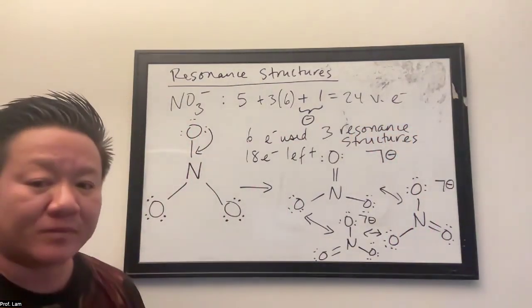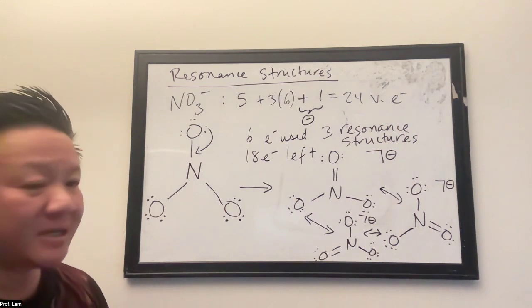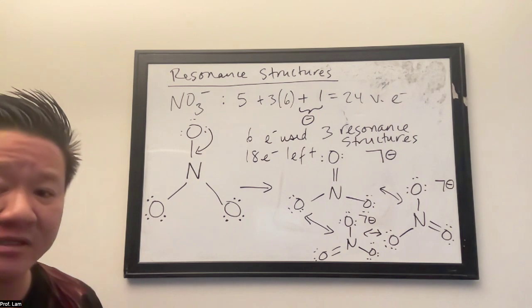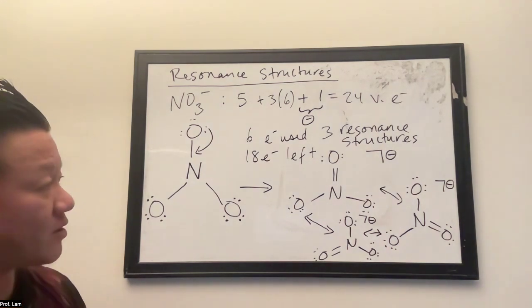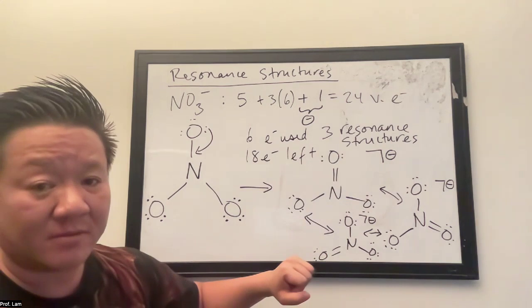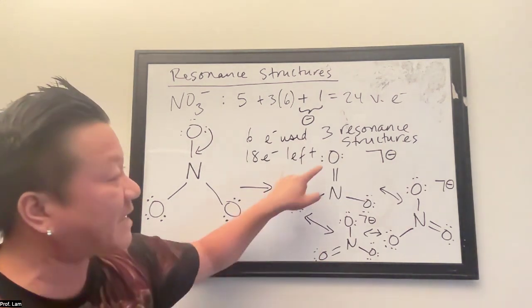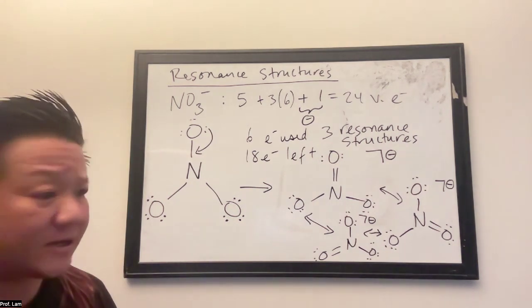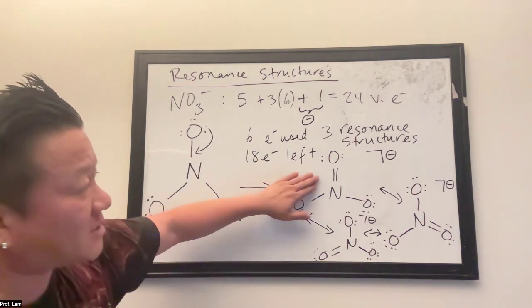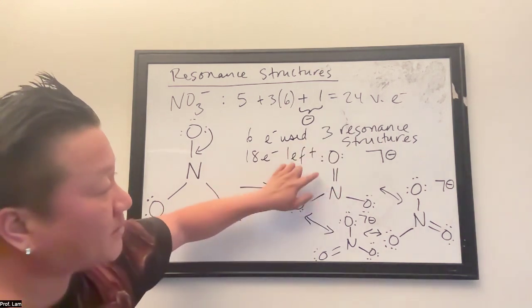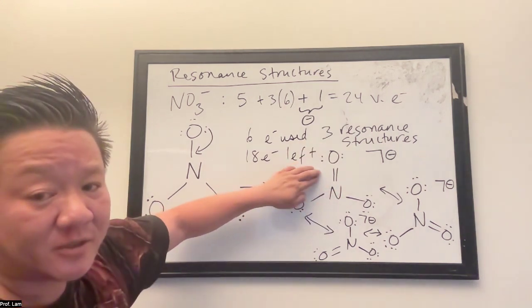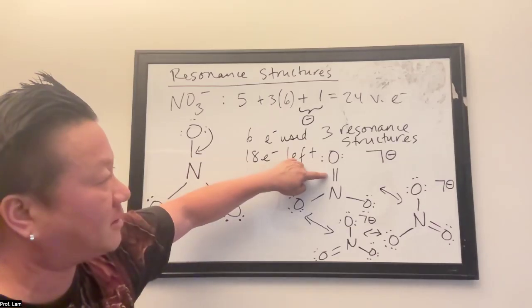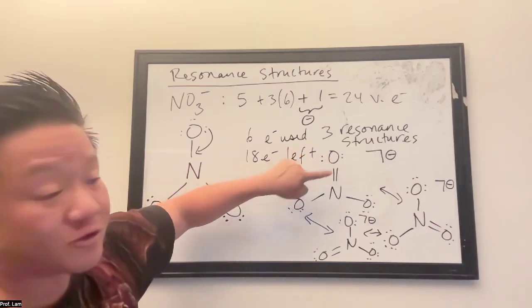And what does that mean? It means that because electrons are always constantly in motion, and you guys know this, they don't ever stand still, the electrons of the NO3 minus molecule are actually spread evenly across the 3 oxygens. But if you just draw this one picture, you would misinform people that the electrons are only between this nitrogen and this oxygen.